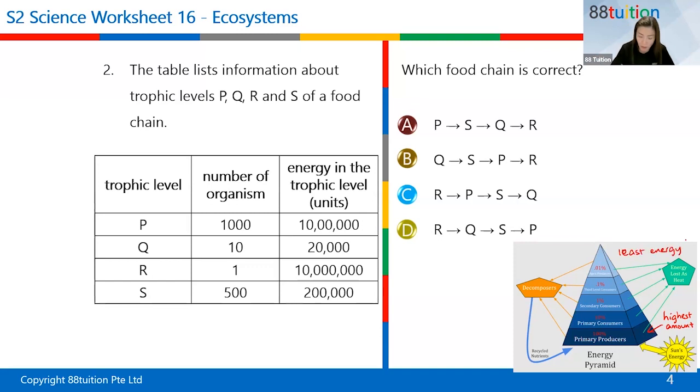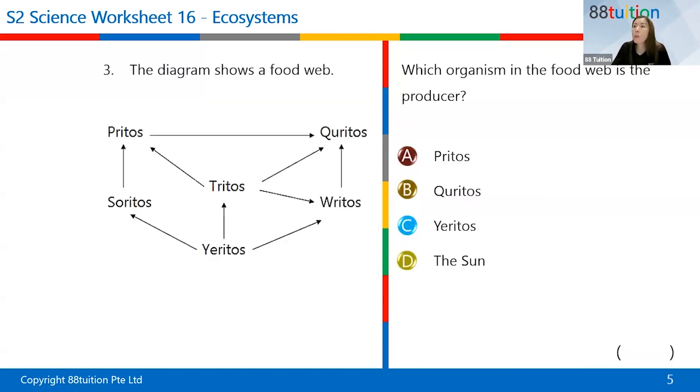So you just need to classify accordingly, looking at this column, and you will get your answer. So your answer is C, because R has the highest, then followed by P, followed by S, and followed by Q. Good. Go on.